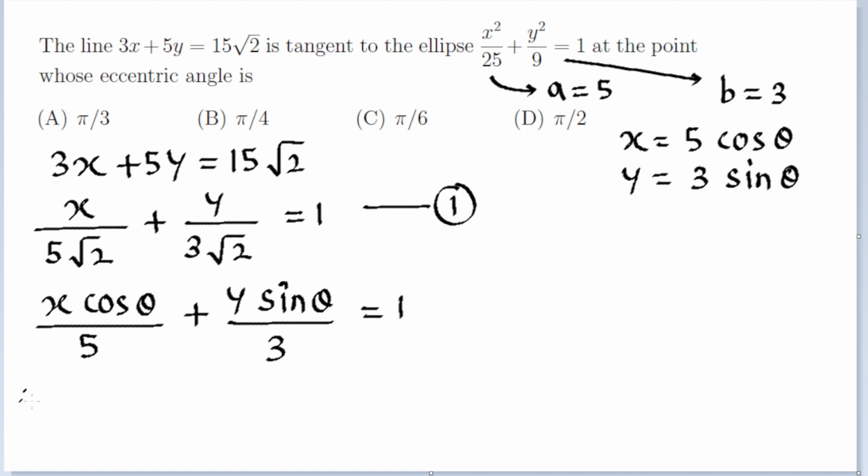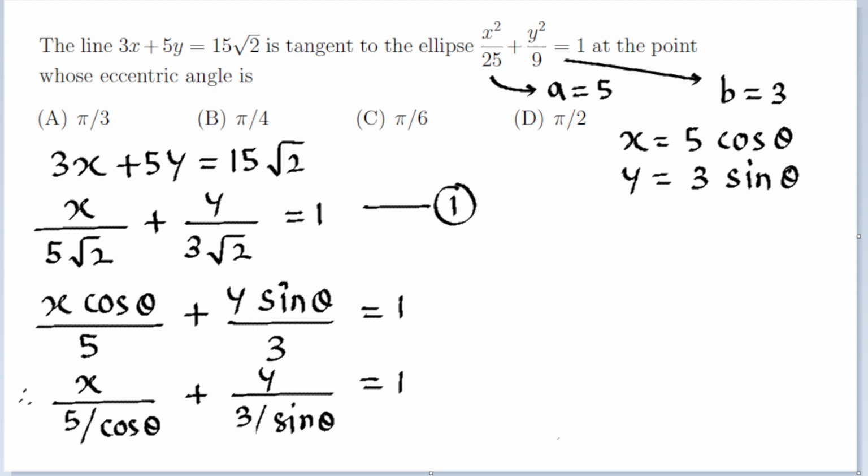Correct. So if you want to slightly change it again, we can write it as x divided by 5 by cos theta plus y divided by 3 by sin theta equal to 1. Okay, so now if you compare equation 1 and 2, they represent one and the same line, that is the tangent.